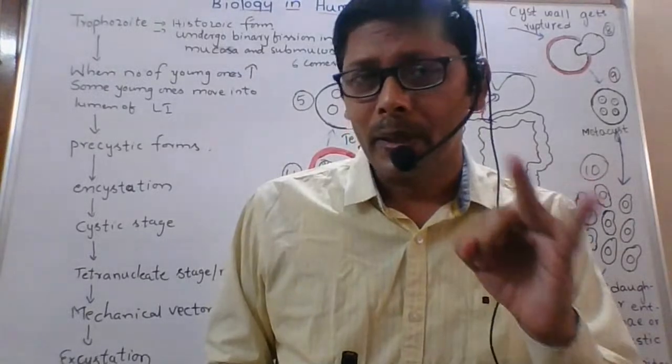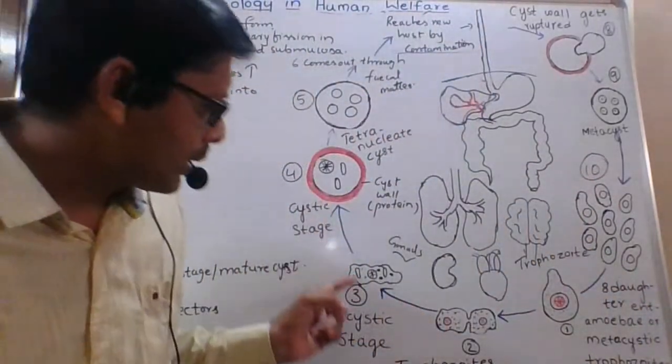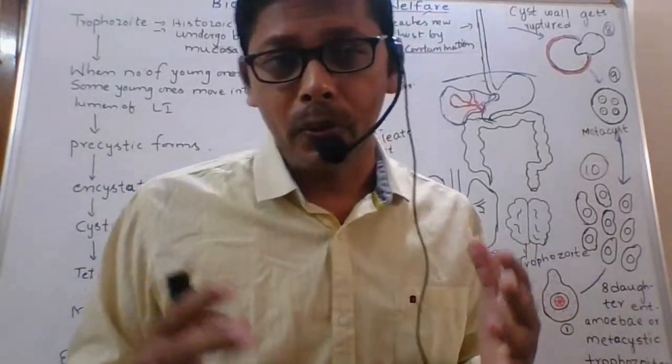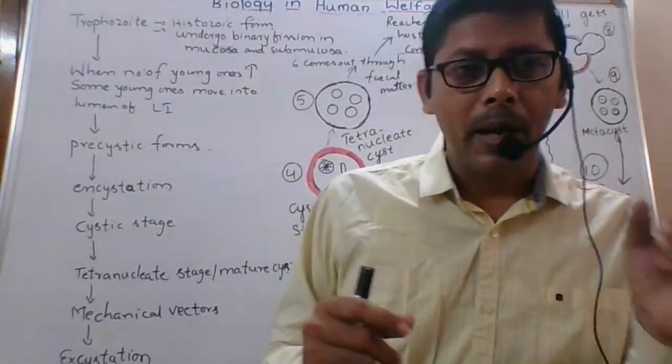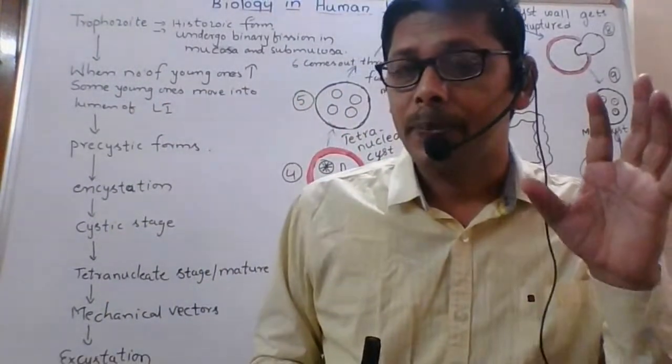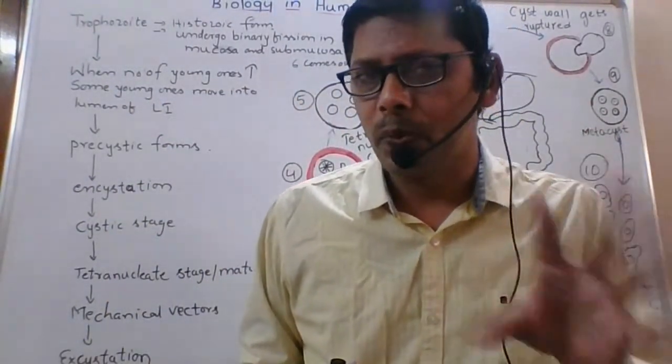The reserve food material is very important here. It has reserve food material like the chromatin body structure, which is made up of ribonucleoprotein, and glycogen granules are also present, which serve as reserve food.